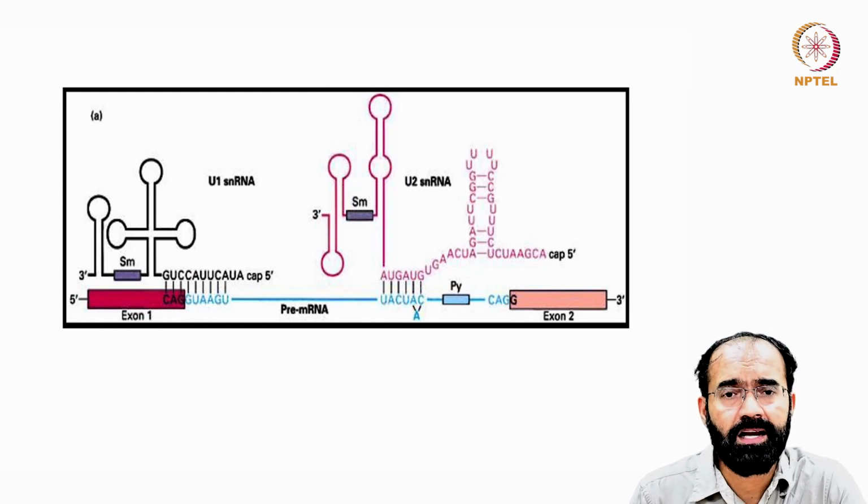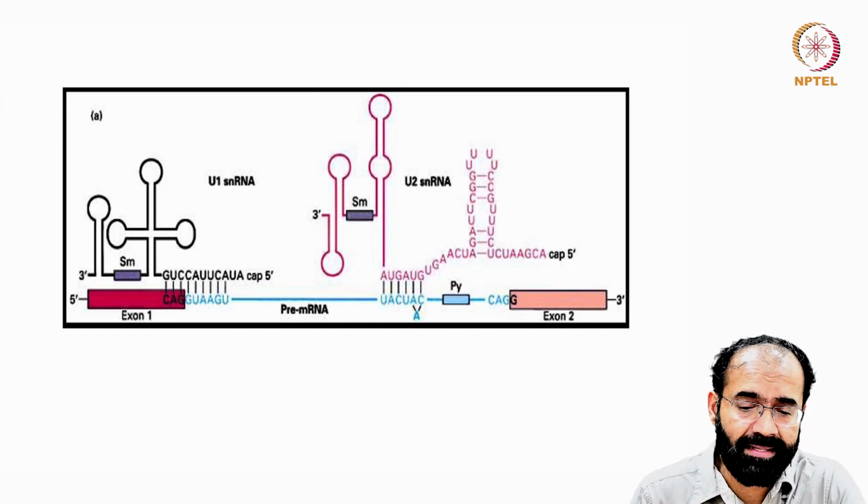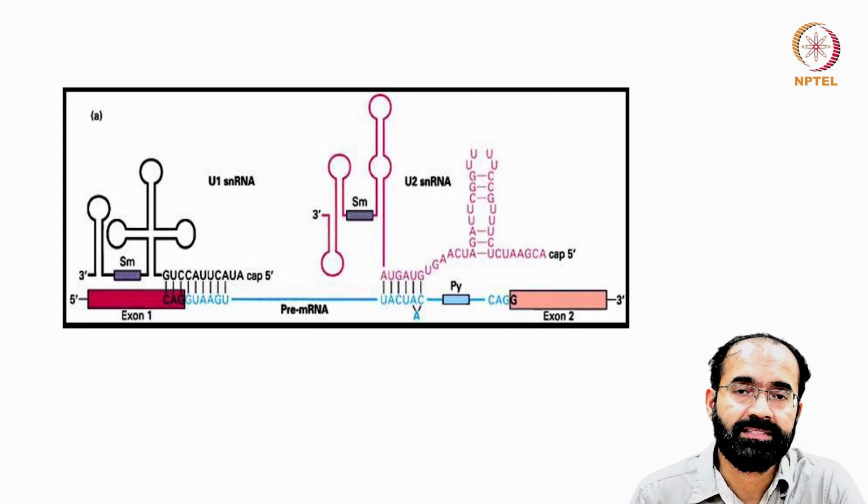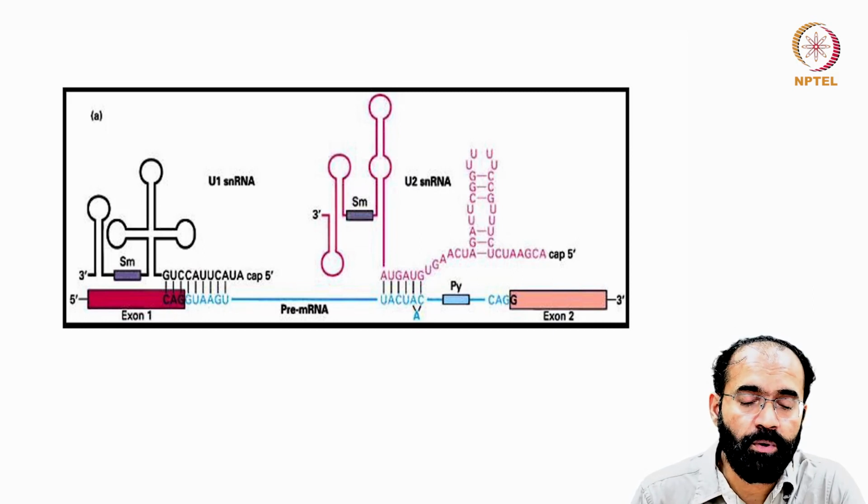You know, this pink color box is exon 1, and this orange or saffron color box is exon 2, and in between, this blue line is the intron. An important point to understand is the exon 1 and intron 1 boundary.